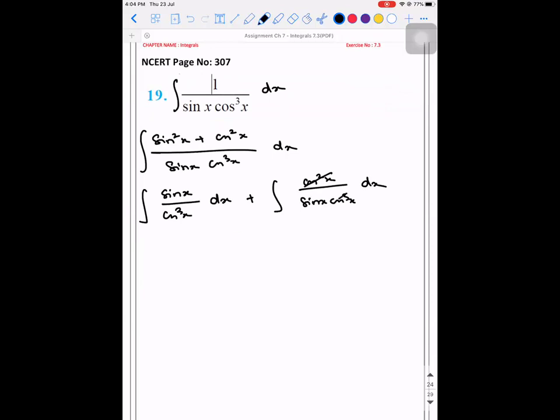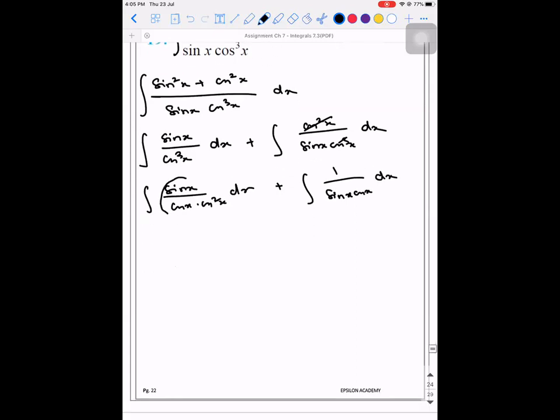Somebody told me to multiply and divide with 2. You can do that only if the powers of sin and cos are the same and the angles are the same. Had the question been sin cube x into cos cube x, you could have thought of that method. So integral of sin x divided by cos x into cos square x dx, plus integral of 1 by sin x into cos x.